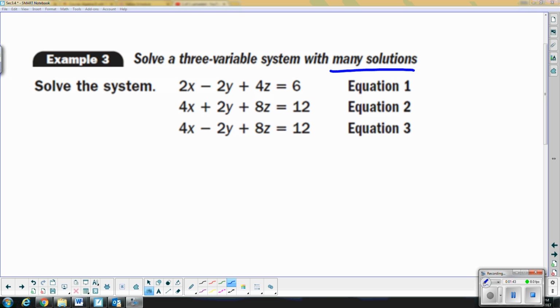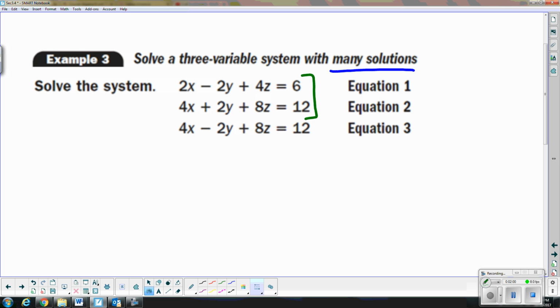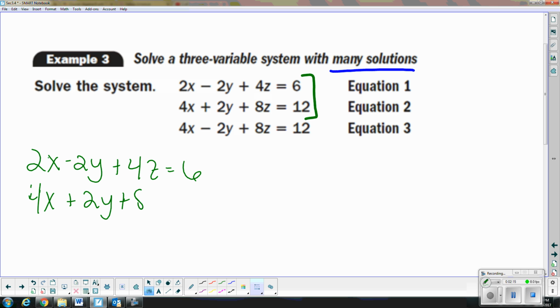Okay, so we're gonna first use the elimination method, and we need 2 pairs of equations. So let's work with the first 2 because it looks like we can pretty easily eliminate y. All right, so I'm gonna rewrite the first 2. 2x minus 2y plus 4z equals 6, and 4x plus 2y plus 8z equals 12.